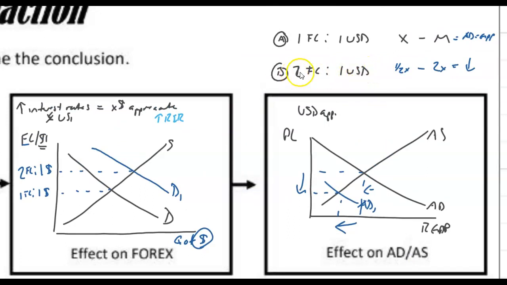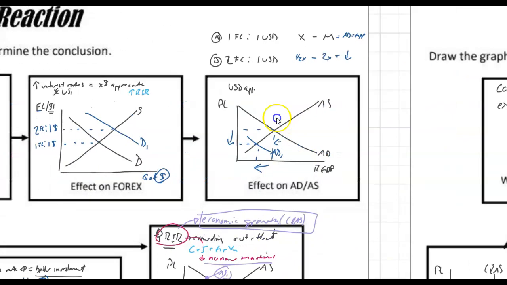Here I had US dollars and foreign currency. So if the US dollar appreciates, it is taking more to buy US goods than it used to. And now for the United States, it takes less money to buy foreign goods. So our exports are going to decrease because now we in the United States are more expensive. And we're going to import more because, because of the exchange rates, it's cheaper.